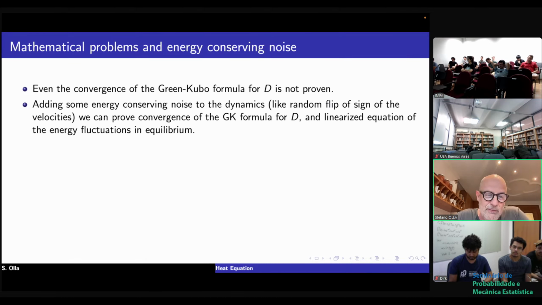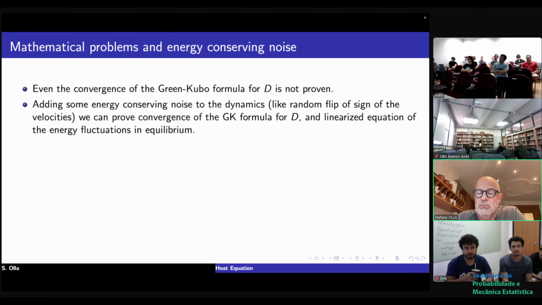Most of my life, I worked taking Hamiltonian dynamics and adding energy-conserving noise to try to prove hydrodynamic limits. If you add some energy-conserving noise to the dynamics, say a random flip of the sign of the velocity, one can prove that the Green-Kubo formula converges.